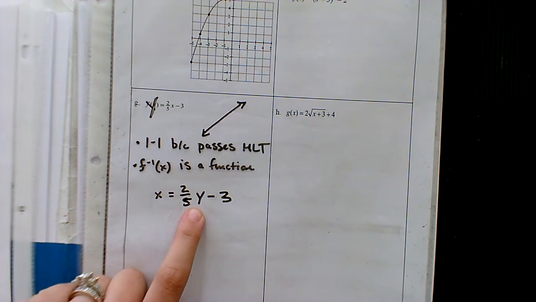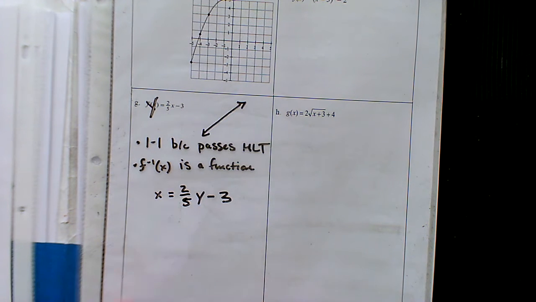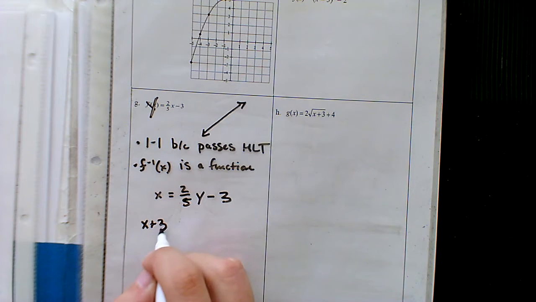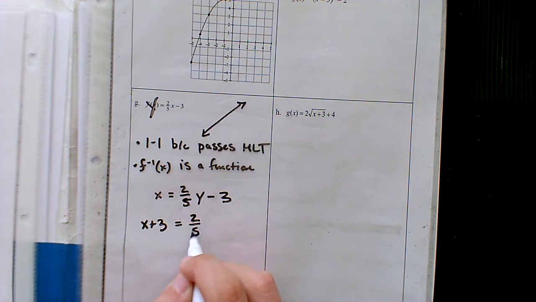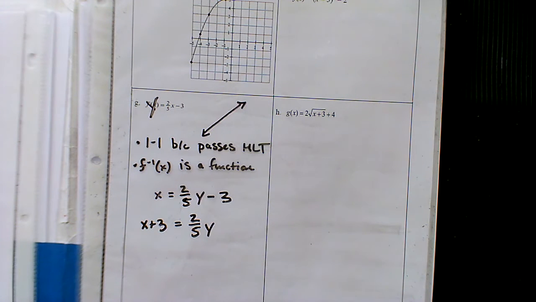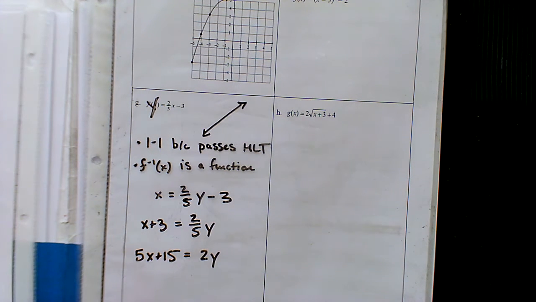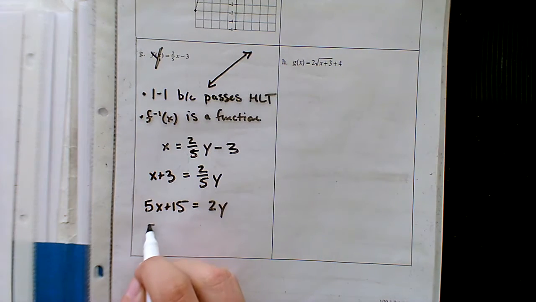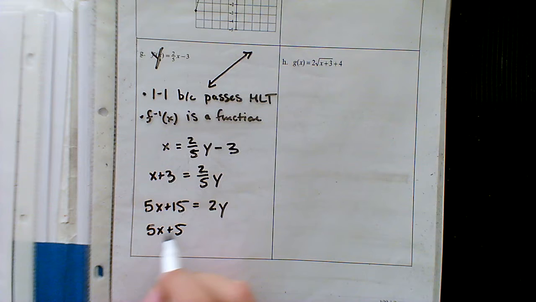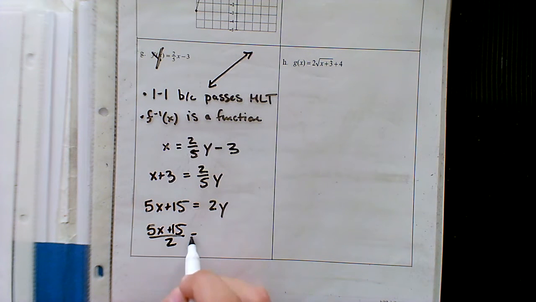To get y all by itself, we can add the 3 over, multiply the 5 over, and then divide by the 2. So maybe it looks something like that.